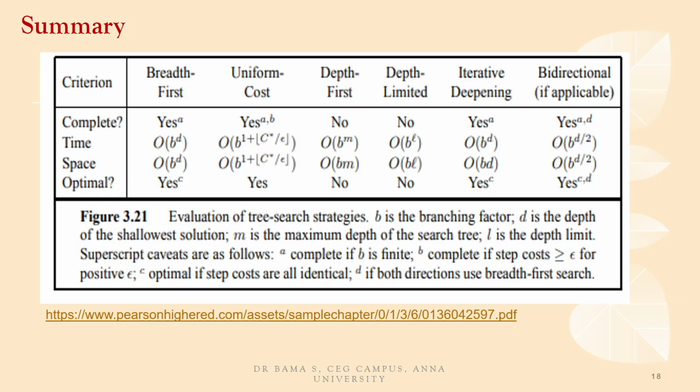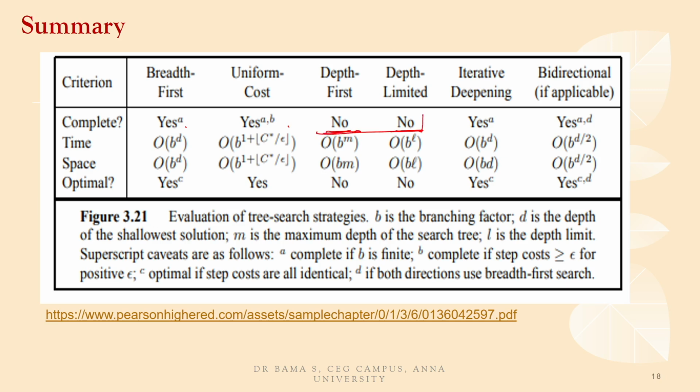Now, talking about the summary of the entire search, except this bidirectional we will see in the next session. Now, talking about the performance of the other 5 searches. If you check the breadth first search, it is complete, uniform cost search is complete, depth first it is not complete, depth limited it is not complete.